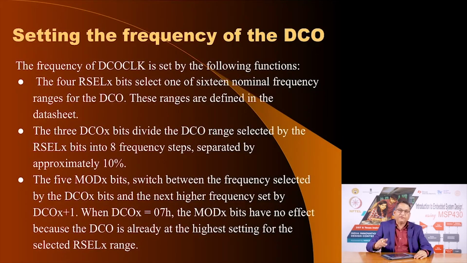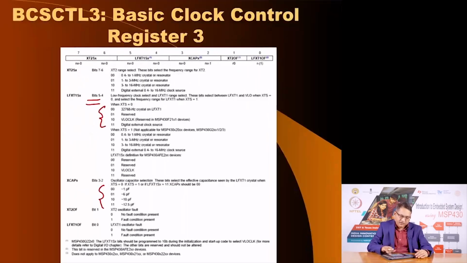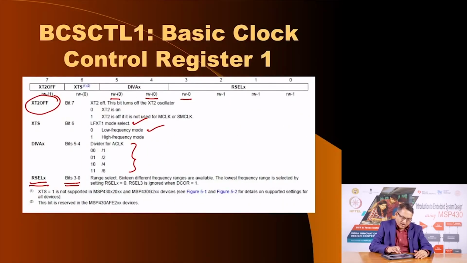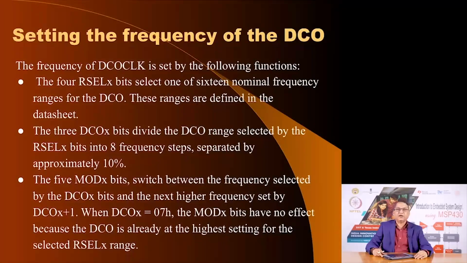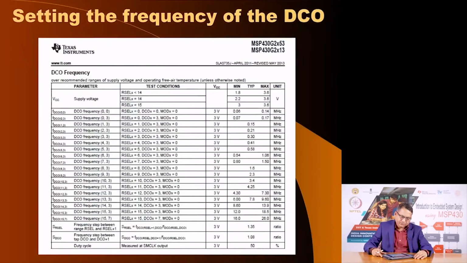Now, to set the frequency of the DCO, you have to write into the DCO control register as well as the second register, that is basic clock control register 1, and I suggest that you go through this slide to understand all the options. Based on the bits that you write into these registers, you see this is part of the data sheet that allows you to change the frequency from 60 kilohertz to 16 megahertz.